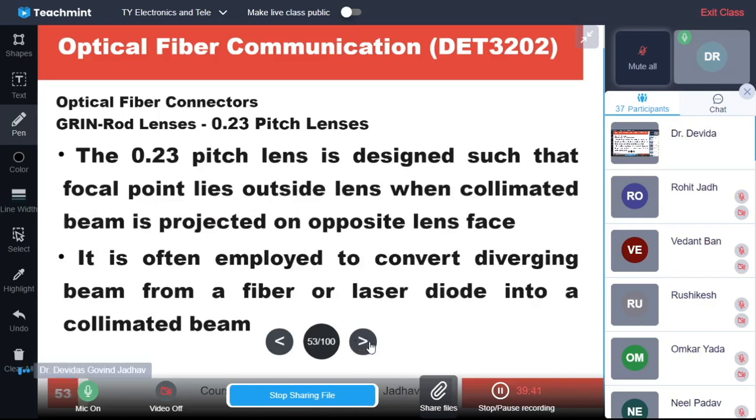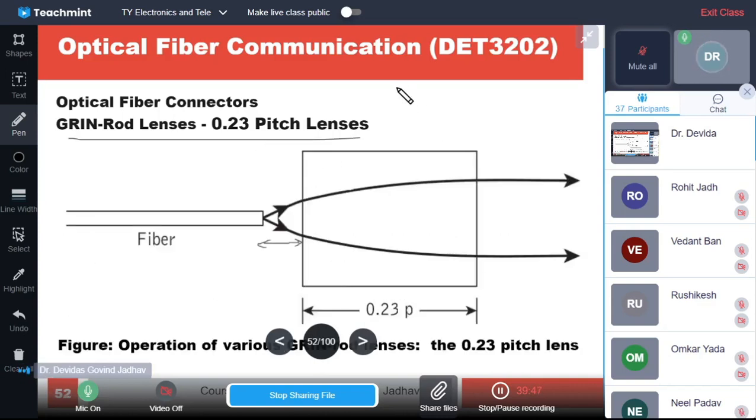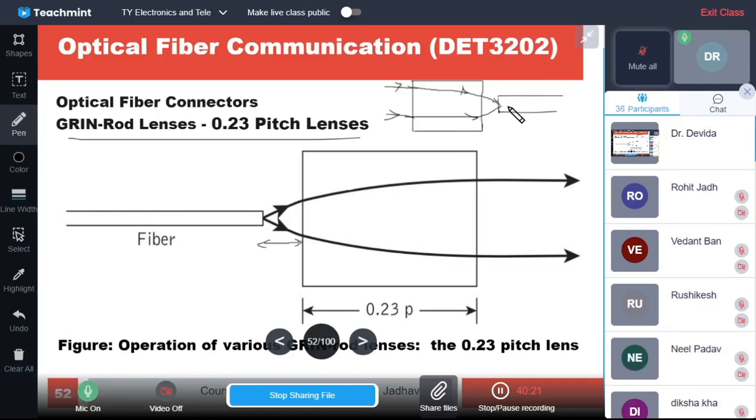Similarly, it can be converted into focal lengths. Okay, so very much the same, whenever parallel rays are coming and incident on the 0.23 lens, they emerge as a focused ray outside the lens, and very easily we can adjust the optical fiber here to launch the light into it.